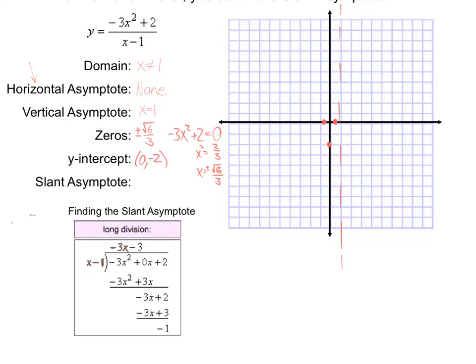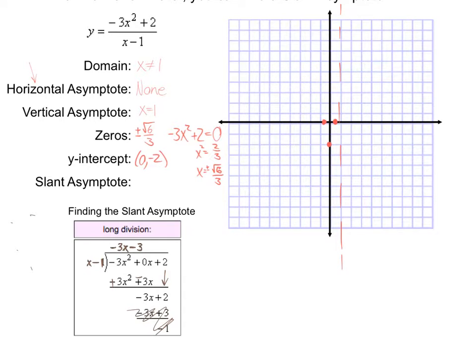We do the multiplication down here, and then we subtract. So it's minus a negative 3x squared minus 3x, and that's how we get this minus 3x, and then we bring down the plus 2. Now we do negative 3x divided by x, and that's how we get negative 3 right here. And I actually could stop without even messing around with the rest of this.